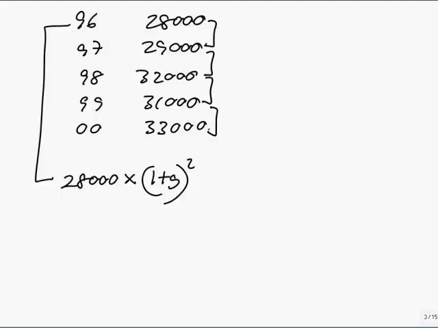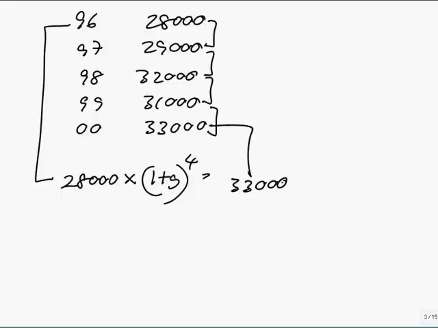So there have been 4 years of growth over the period. Well, if it was growing at g per annum, surely after 4 years it would have grown to 1 plus g to the 4th. Still with me? Well, what has it grown to? It's actually grown to 33,000.